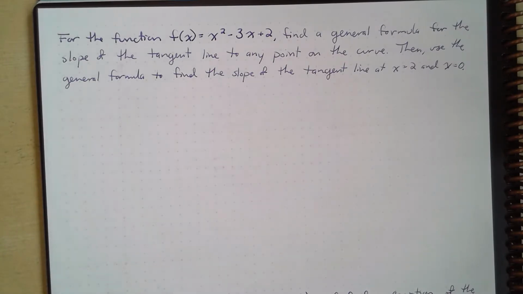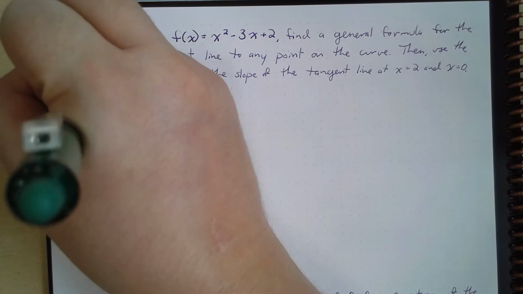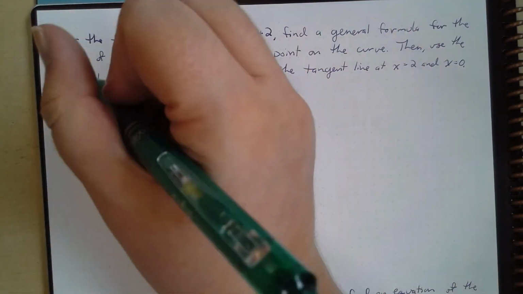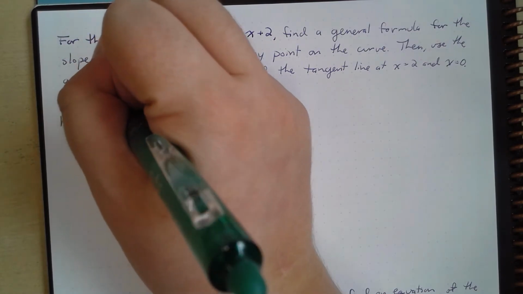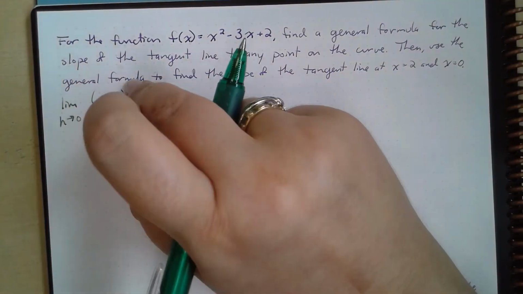We're going to use the limit definition of the derivative to find that general formula. So the limit as h approaches 0 of, we've got what here? x plus h cubed, nope, squared, thank goodness.